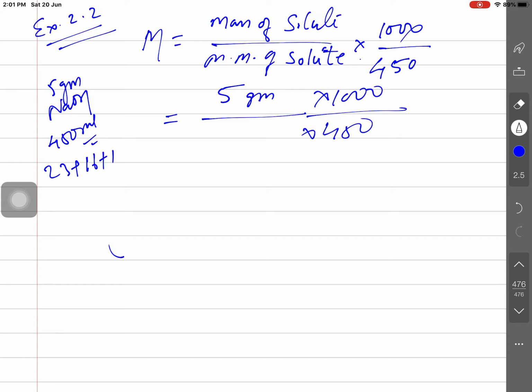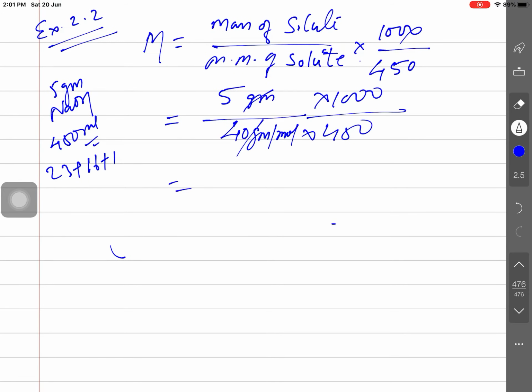it means that this is 40 gram per mole. Grams cancel.